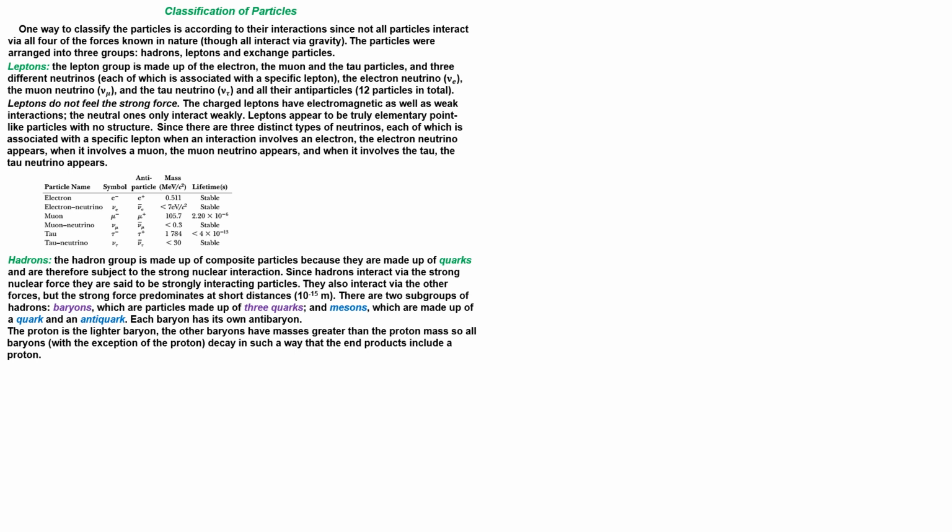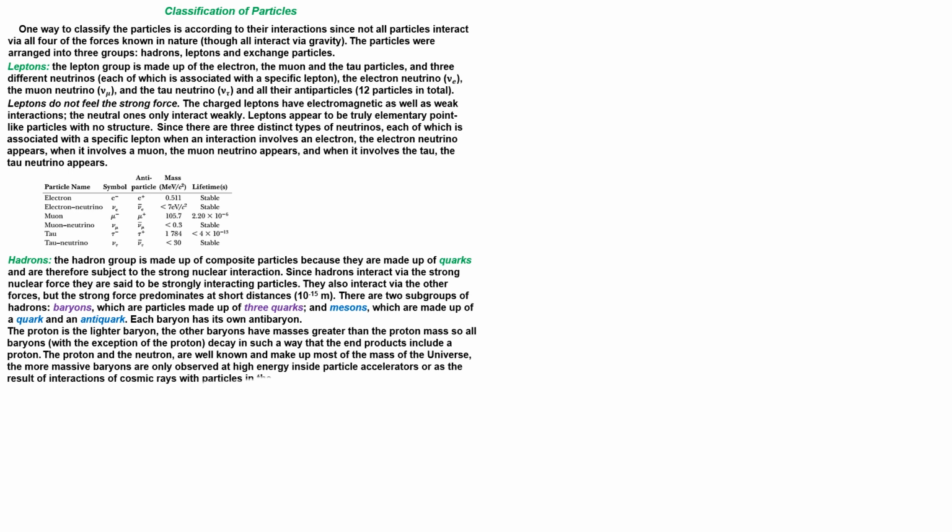The proton and the neutron are well known and make up most of the mass of the universe. The more massive baryons are only observed at high energy inside particle accelerators, or as the result of interactions of cosmic rays with particles in the upper atmosphere. All mesons are unstable and are known to decay finally into electrons, positrons, neutrinos, and photons.